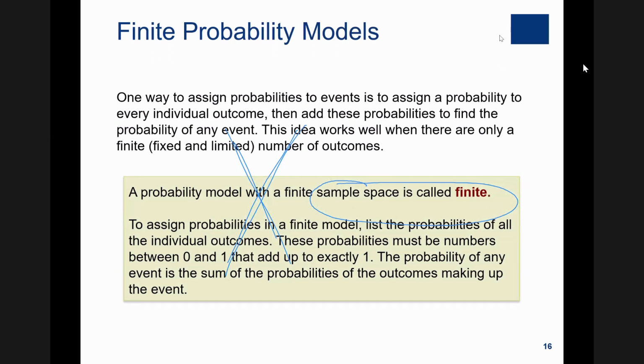Here, once the number of outcomes is finite, meaning a definite number that could be 1, 2, 3, 4, it's not infinity. That means we have a natural number n such that the number of outcomes is equal to n. Then, once it's finite, we call it a finite probability model.